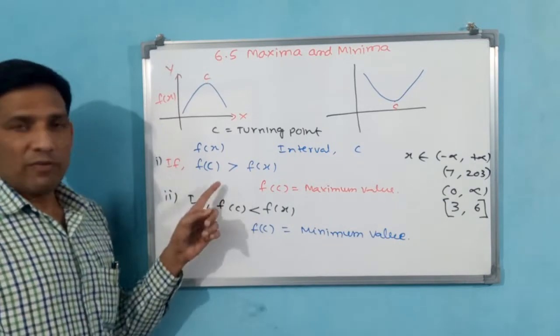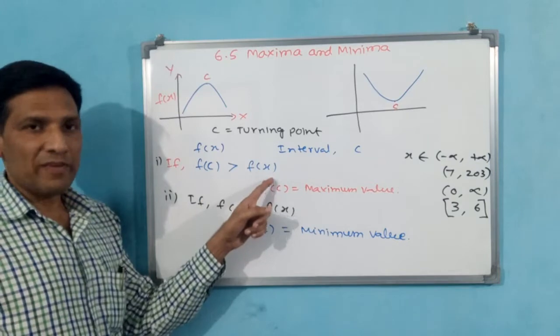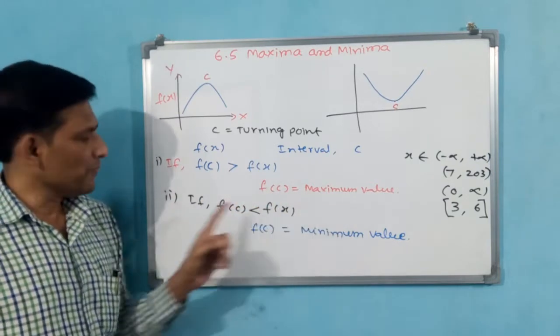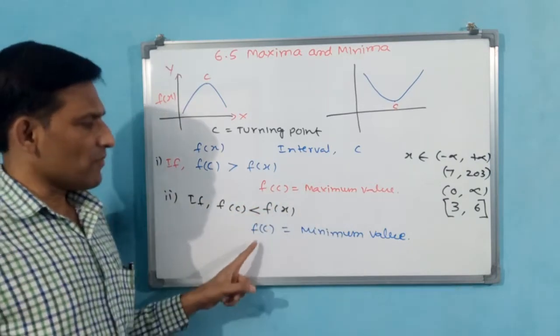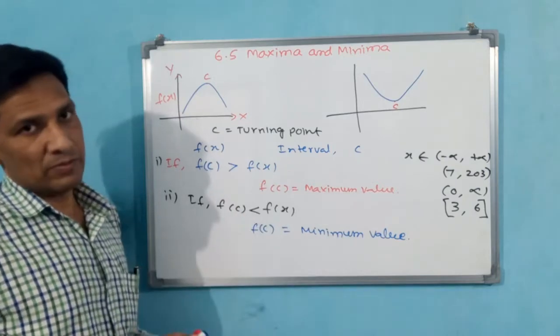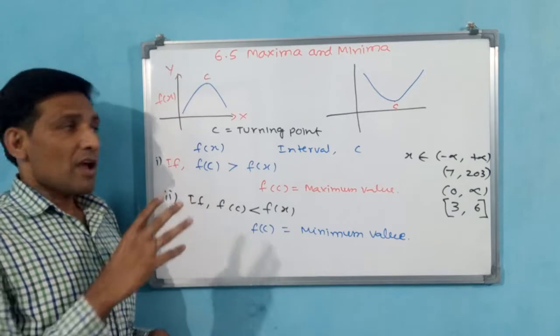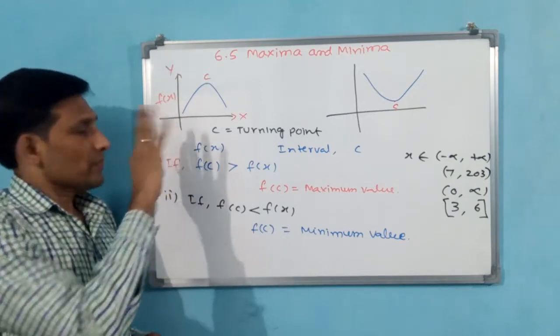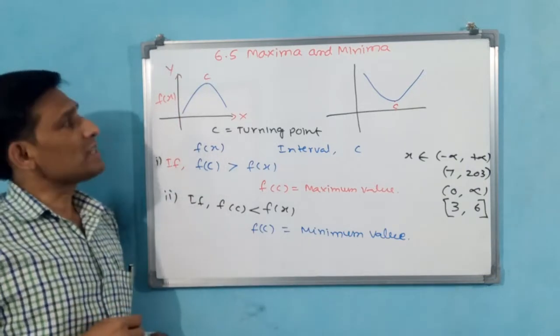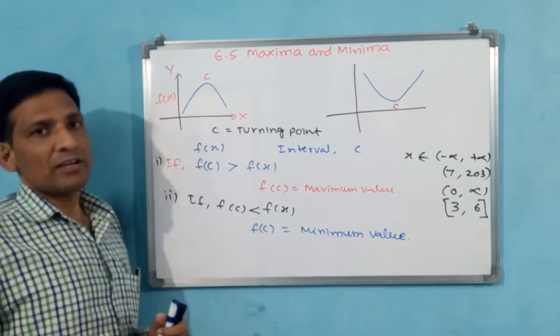See, if f of C is greater than f of x, f of C is the maximum value. If f of C is less than f of x, f of C will be the minimum value. Now see, in any function, you see here, is there any maximum value? Is there any minimum value here? No. Why?